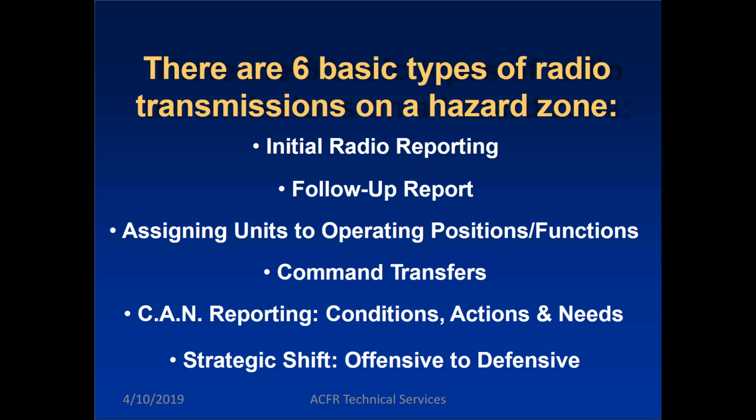And those are conditions, actions, or needs, and then strategic shifts if we move from offensive to defensive or defensive to offensive. So these are important to realize that this is what should be followed to minimize fireground traffic. As much as it can be done face-to-face in these different areas is the best way to do it.